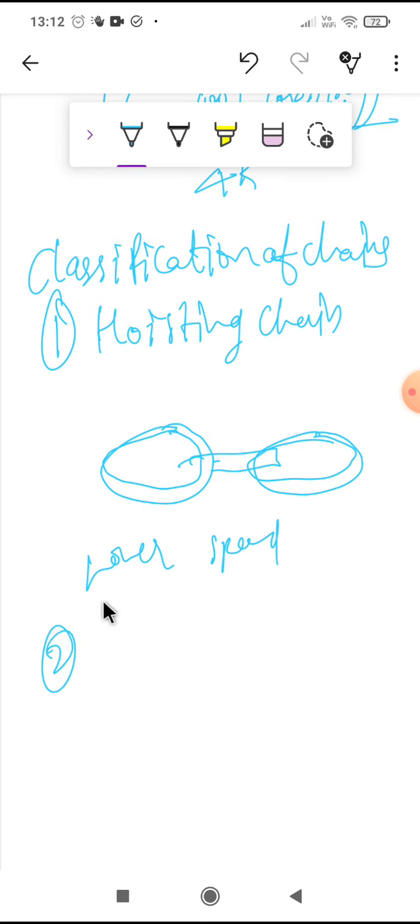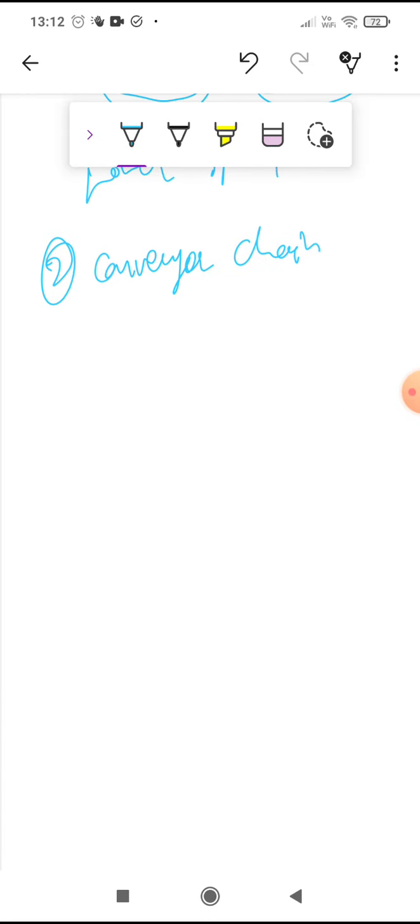Then there is the conveyor chain. How does the conveyor chain take place? The conveyor chain may be detachable or hook type or closed type joint.